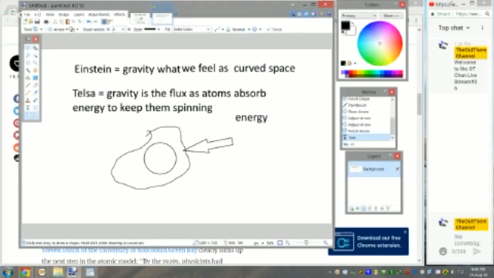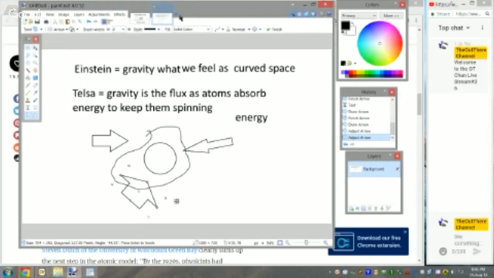Probably should have drawn a picture of that one too, but I need to draw another arrow. So we've got energy coming in all around it. I kind of like Tesla's idea.